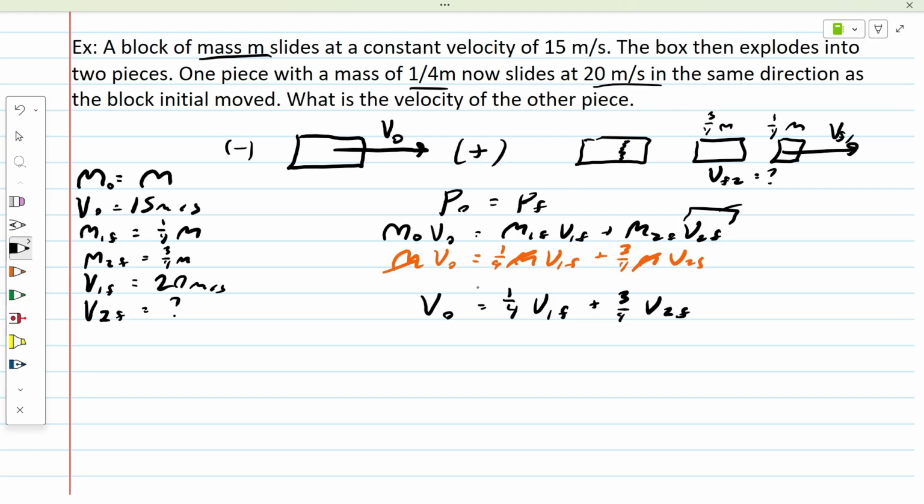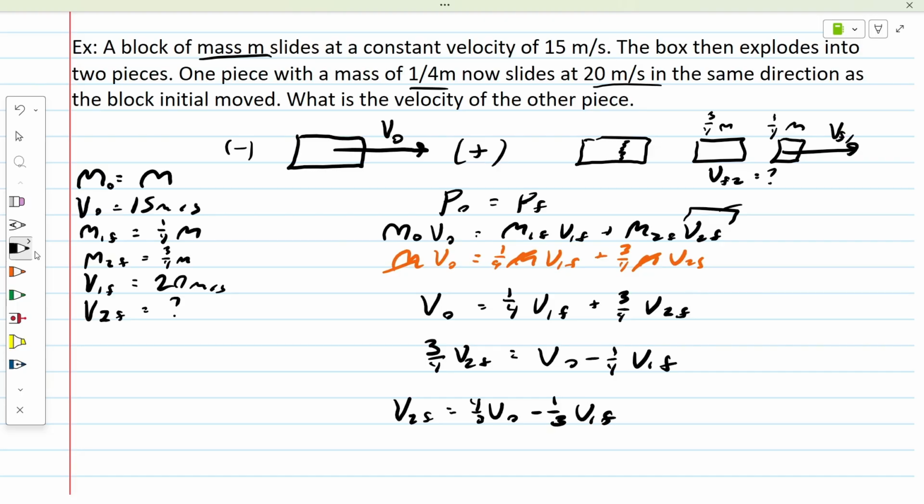So now we can rearrange it. 3/4 v2 final equals v naught minus 1/4 v1 final. And if we plug the rest of these in, or rearrange the fraction, we'll get 4/3 v naught minus 1/3 v1 final.